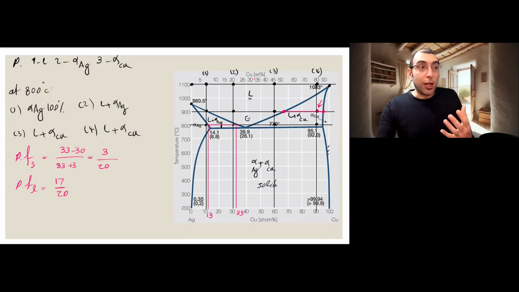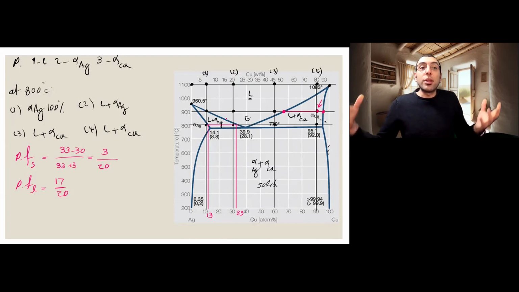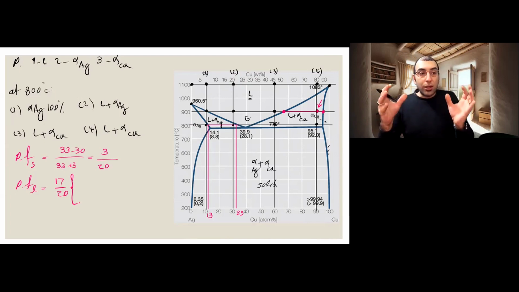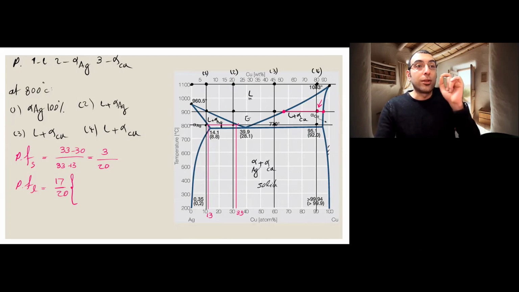It means that for alloy number two, at 800 degrees, you have 17 parts still in liquid. So the majority of it is still in liquid. What is the composition of this liquid? In your liquid, how much copper and how much silver do we have? You look at where it crosses the liquidus line.